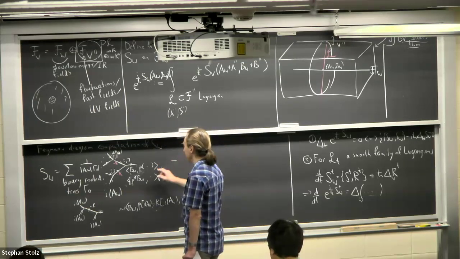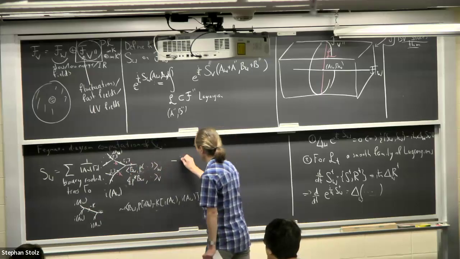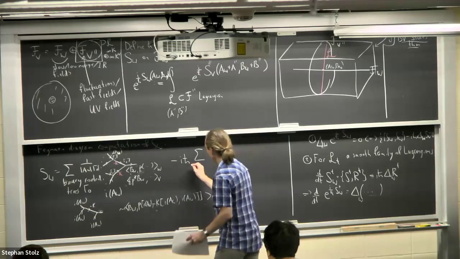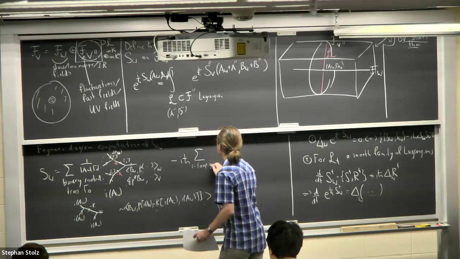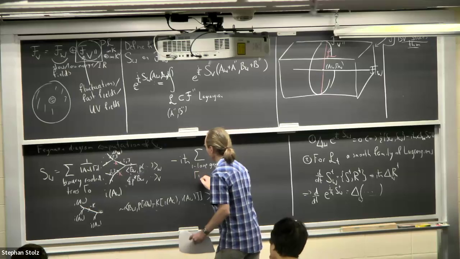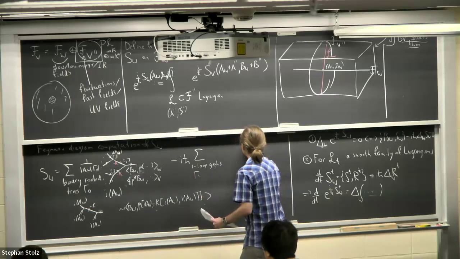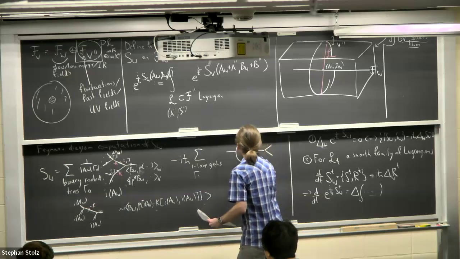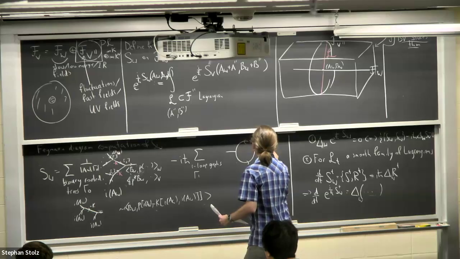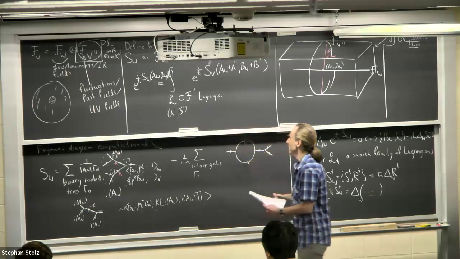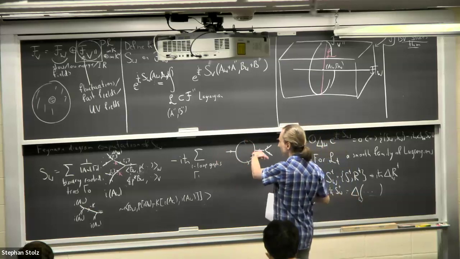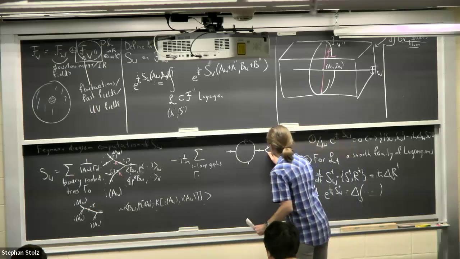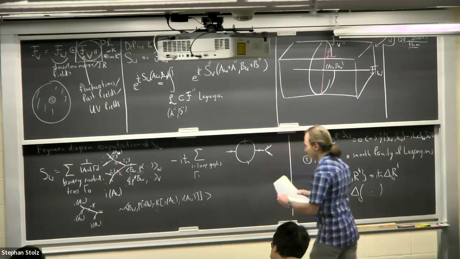Then there's also another family of graphs that I should take into account: one loop graphs. Let me call them gamma 1 because they're one loop. What's a one loop graph for me is a single cycle with a bunch of trees plugged into that cycle, with roots planted into the cycle.